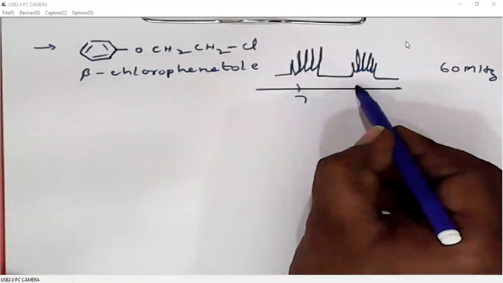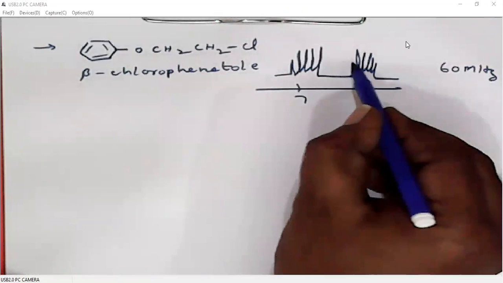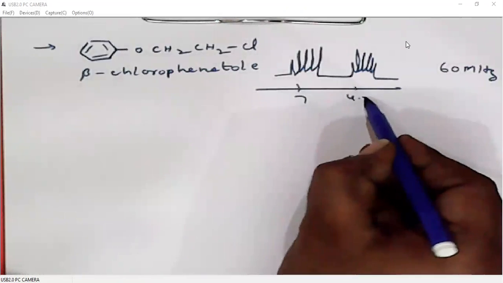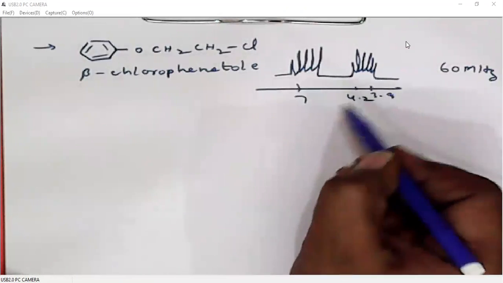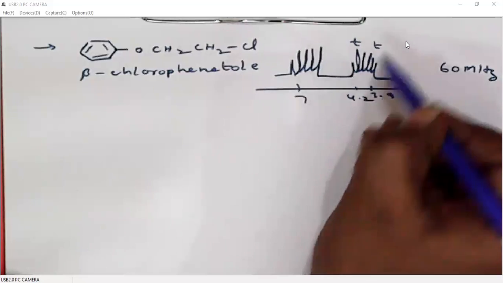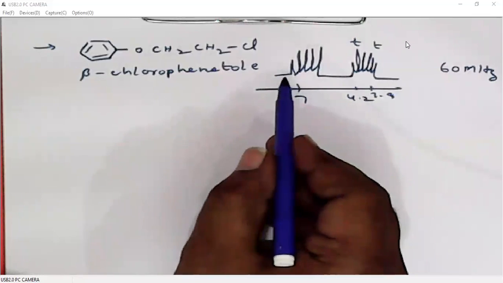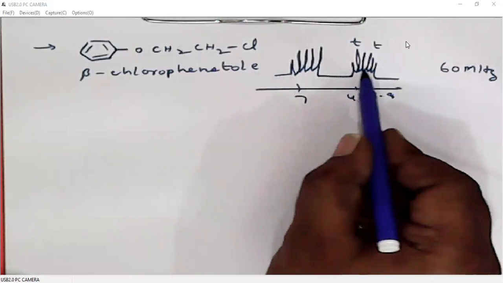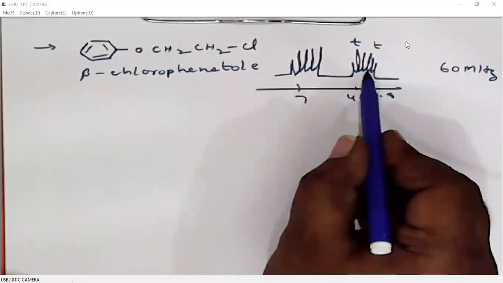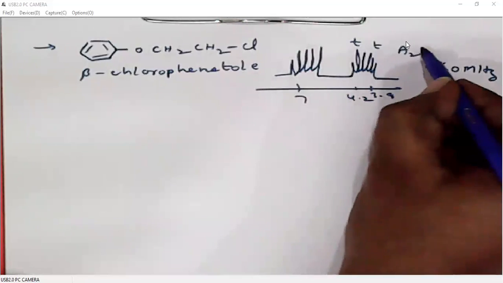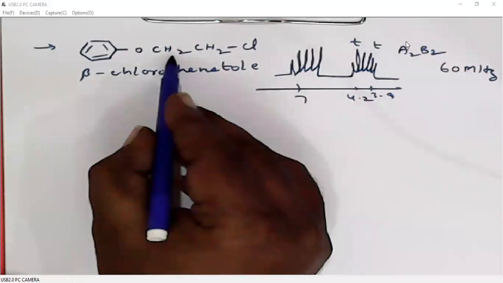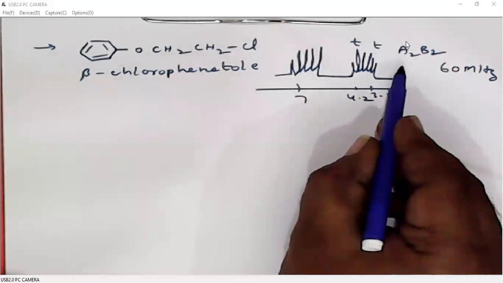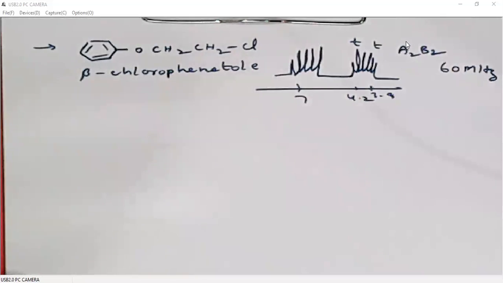We can see there are two closely spaced triplets, at 4.2 and 3.8. This is for the aromatic system. There is no clear separation between these two peaks, so we call it A2B2, because we have two protons on this carbon and two protons on this carbon.